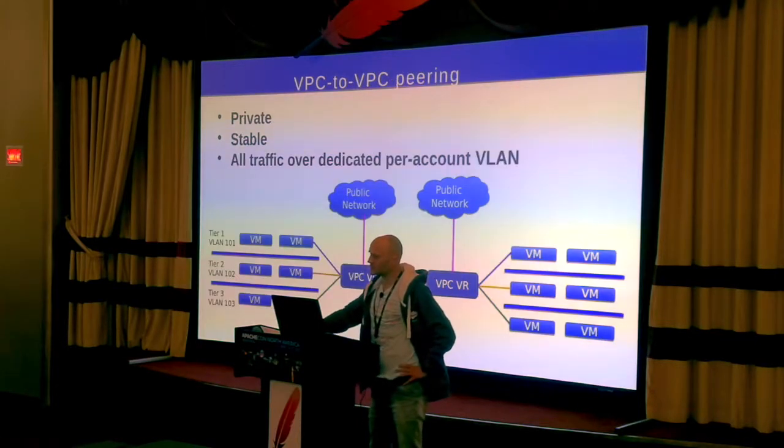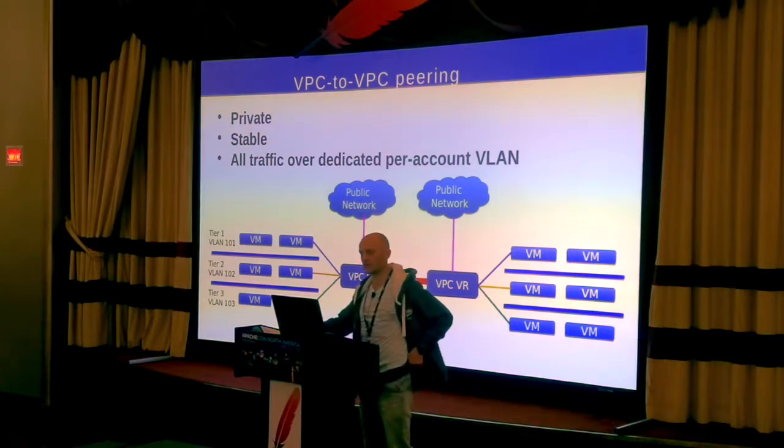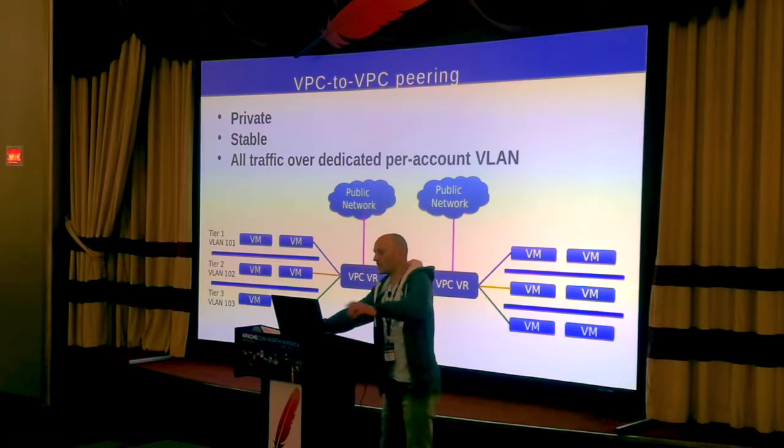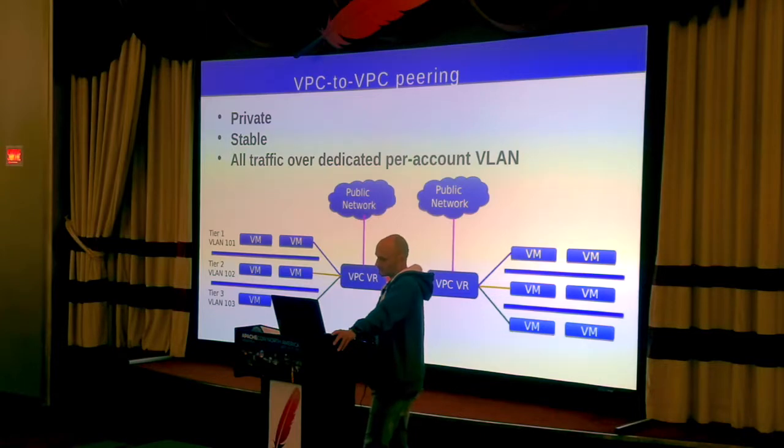You can also set up private gateways to peer two VPCs to each other that are, for example, in 2 different regions, where they need a private connection as an alternative to VPN. And it needs to be a stable dedicated connection, and where traffic is also routed over a dedicated per account VLAN.